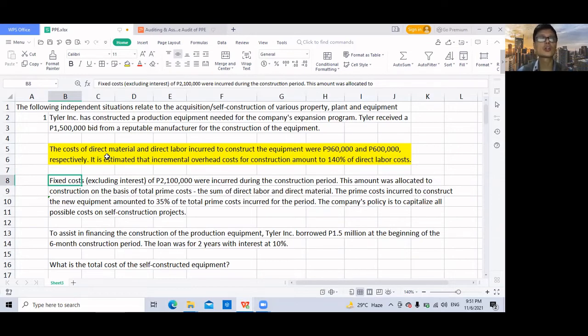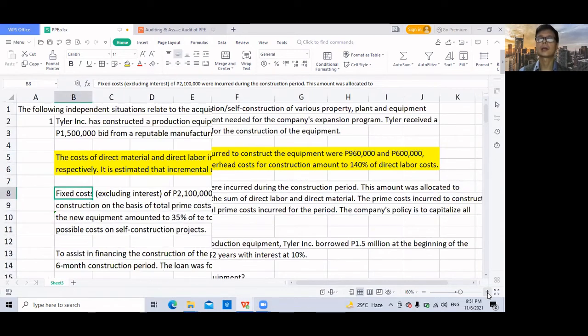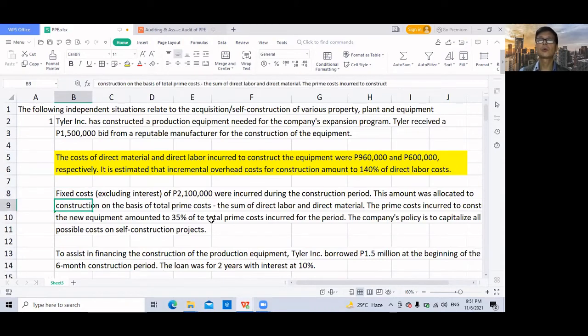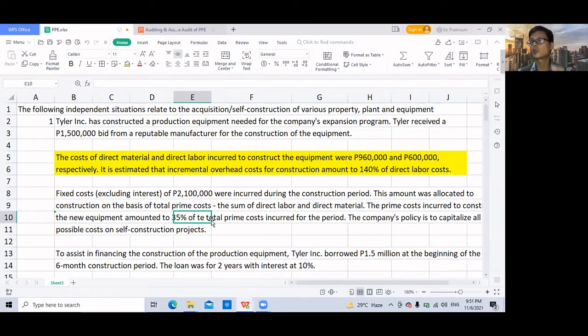This amount was allocated to the construction on the basis of total prime cost. Later we will show the computation. The sum of direct labor and direct materials. When you talk about prime cost, you're talking about direct material and direct labor.